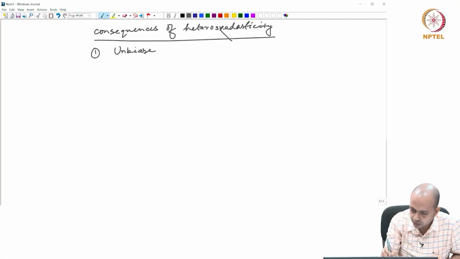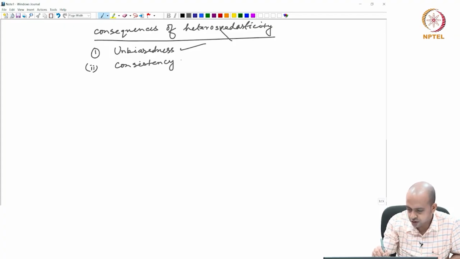Unbiasedness, okay, unbiasedness is still maintained. What will happen to consistency? Consistency is still maintained, but the problem that happens even in the context of heteroscedasticity is that variance of beta hat is no longer the minimum.